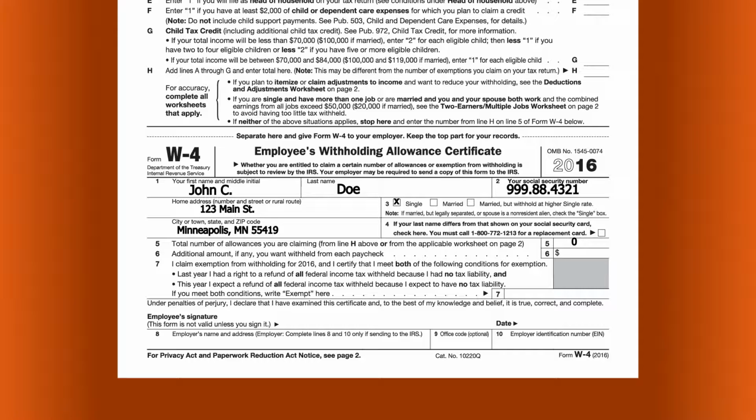If you wish to claim exempt, meaning that you don't want any federal income tax taken from your paycheck, you will leave lines 5 and 6 blank and write exempt in line 7. Please do not enter a number in line 5 and write exempt in line 7, or you will void the form. This choice could result in you owing money to the government at the end of the year. Sign and date the form at the bottom.